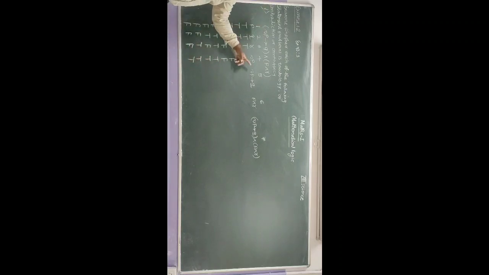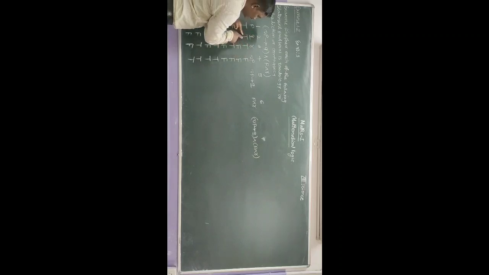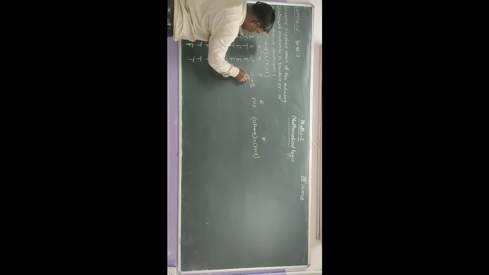Next is negation of P implies Q: column number 4 implies column number 6. First true and second false gives false; in all other cases it is true. Concentrate on the fourth column and the second. False implies true is true. False implies true is true.